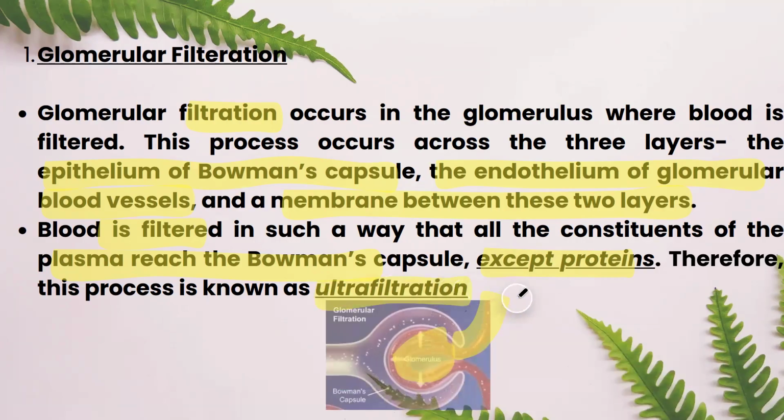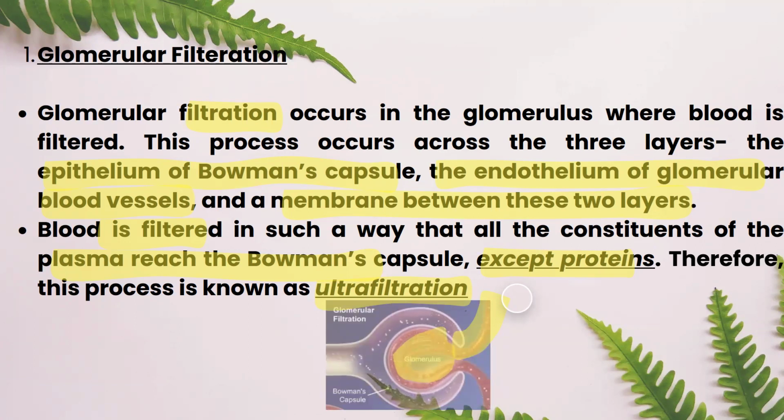Ultrafiltration and glomerular filtration are the same. Why do we call it ultrafiltration? Because the blood is filtered so finely that every substance is filtered except proteins, and all the remaining material is present in the filtrate.